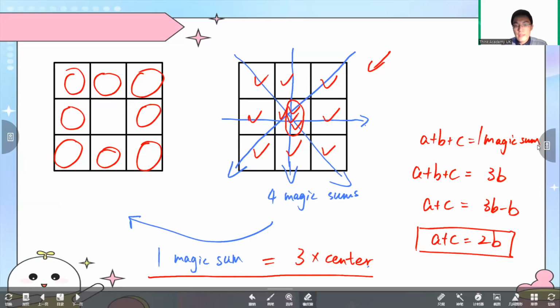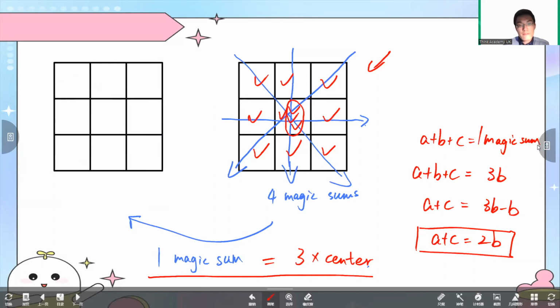Okay. Then some students used to ask me this question: teacher, say if I have 6 here and I have 8 here, so I have two numbers in these 2 boxes, can I get 6 plus 8 divided by 2 and get 7 here in the middle for the first row?